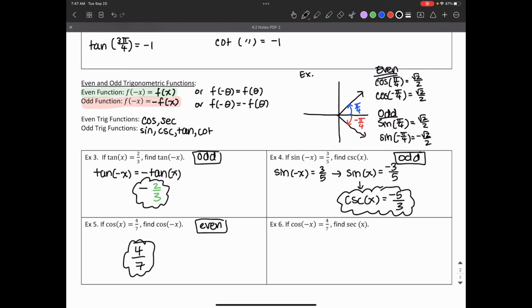And then if I knew that cosine of negative x is equal to 4/7, and I want to find secant of x, first I'm going to find cosine of positive x, which will give me 4/7. And then I find the reciprocal of that, which is 7/4. So the answer is 7/4.